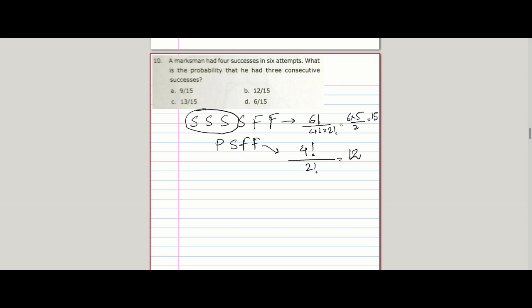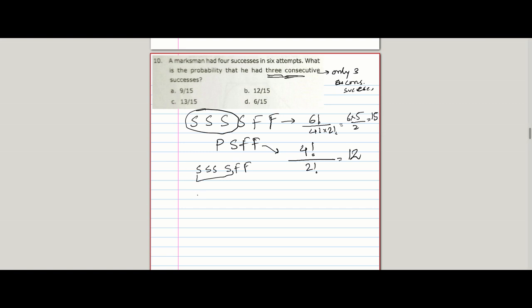P is SSS, right? SSS and S, F, F. So it counts 4 successes together. But we are set to find the probability that he had 3 consecutive successes. We'll assume it says only 3 consecutive successes.